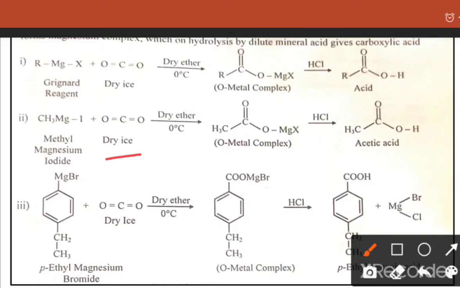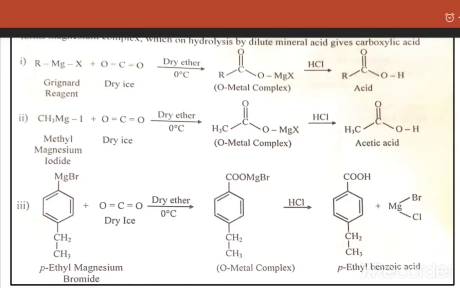That means we add dry ether, and in the first step we get the magnesium complex. So how to write this magnesium complex? Here this is CH3 and here C double bond O, and here OMgX. This is the magnesium complex. Now then HCl hydrolysis. Here CH3C(=O)OH. We get acetic acid.